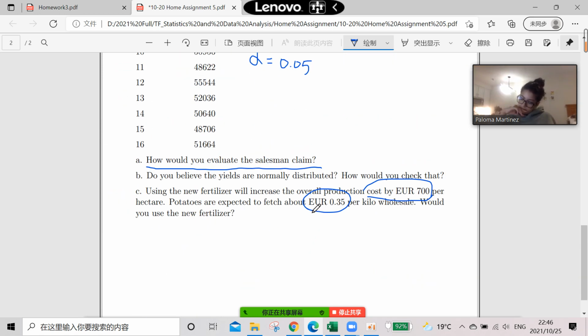So the profit is 0.35 euros per kilogram, and actually, if you fail to reject the null hypothesis and your actual mean is greater than 5400, you're still making a profit, I think, because you're making 2400 kilograms more, and that is enough to cover your cost. Yeah, that's how it works.